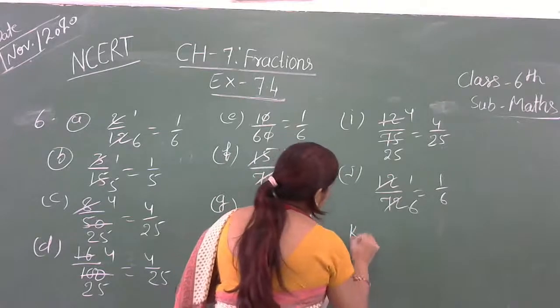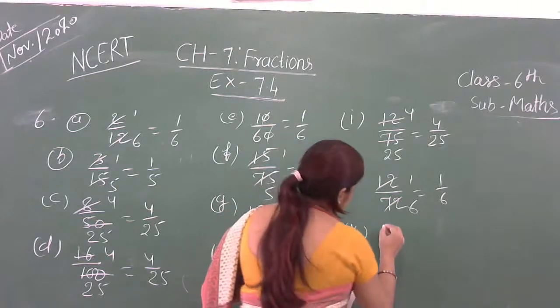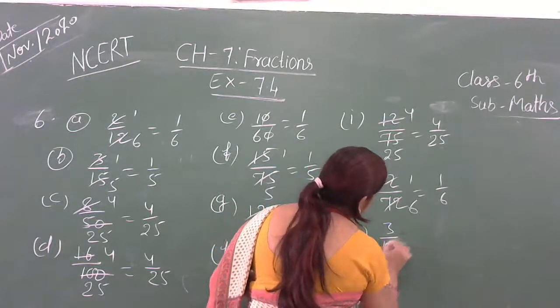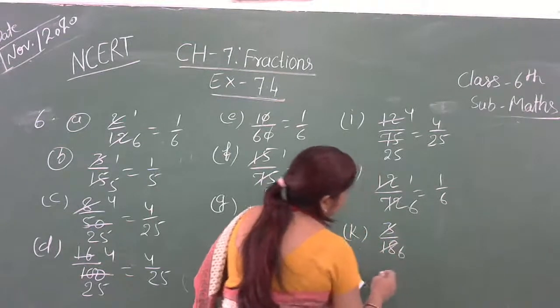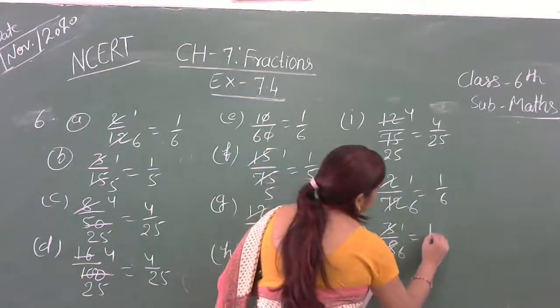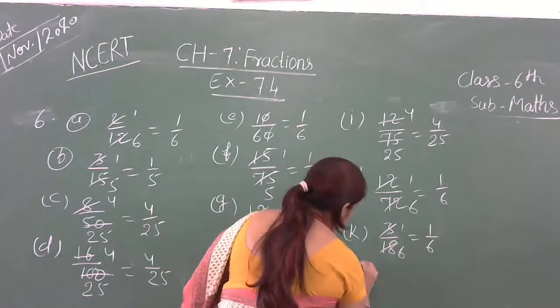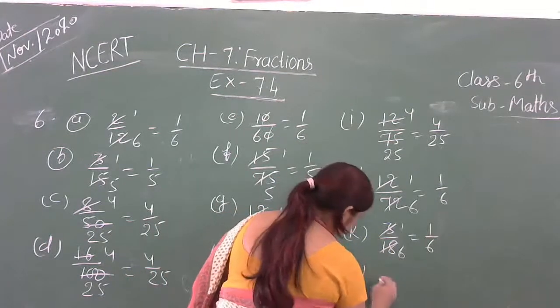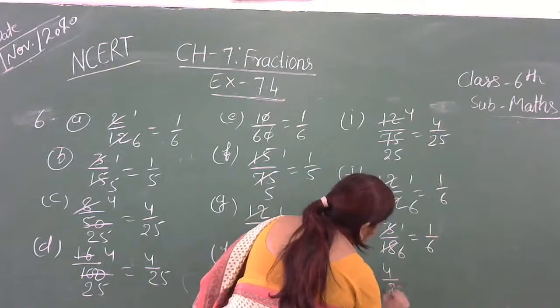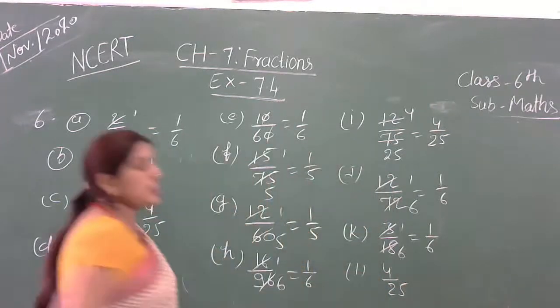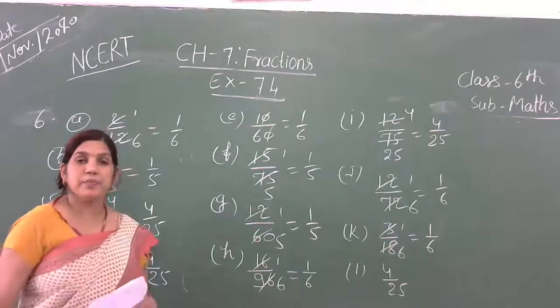After that K, 3 upon 18, 3 6s are 18, you will get 1 upon 6. Now last L part, 4 upon 25. This fraction is already in simplest form, isn't it?